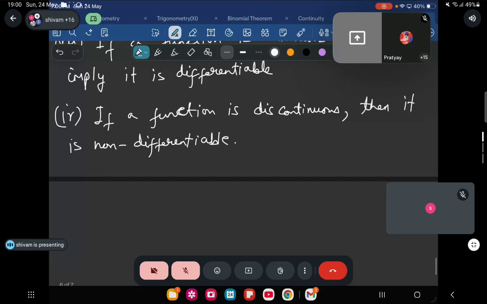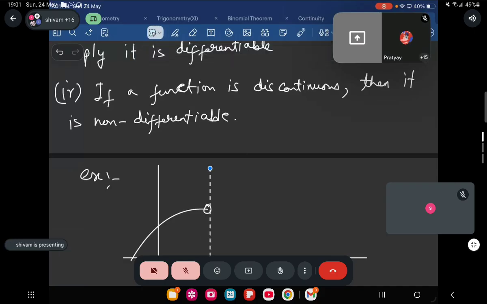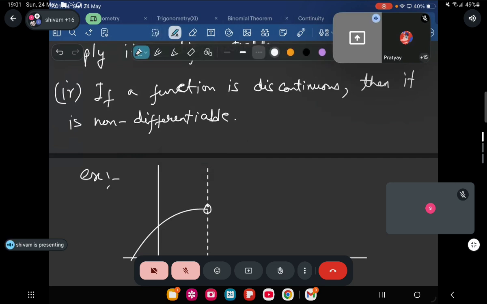Next, for example, I will mathematically prove this also. See, this is the function, and let us say at x equal to a it is discontinuous, like this.